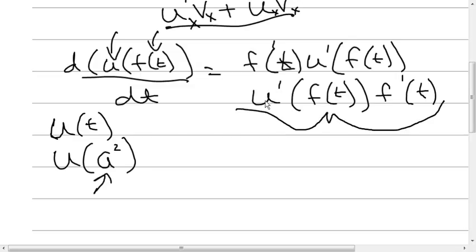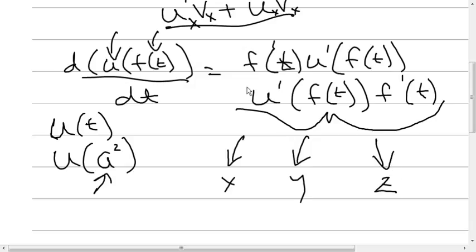We take the derivative of the x, the y, and the z components, plugging in f of t, and then we multiply that by the derivative of f of t. Just classic chain rule. You apply it independently for the x, the y, and the z, and that gives you your answer.